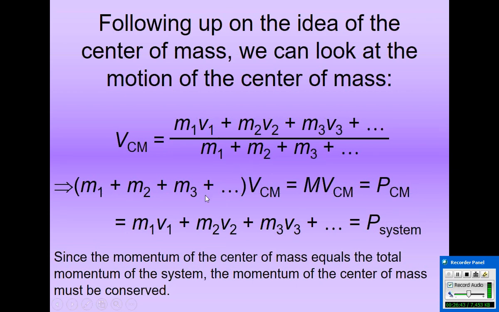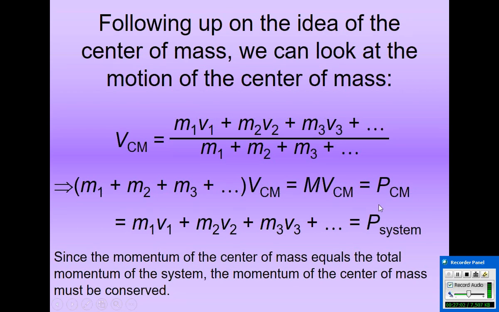And it turns out, and this is not a shock, we've said this before, this is also the idea behind the momentum of a system. m1 times little v1 plus m2 times little v2 plus m3 times little v3 plus yada, yada, yada is equal to the overall momentum of the system.